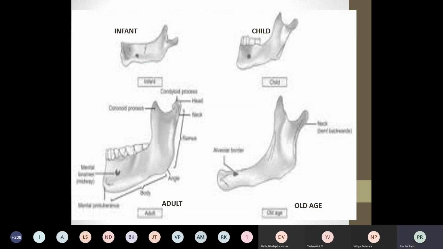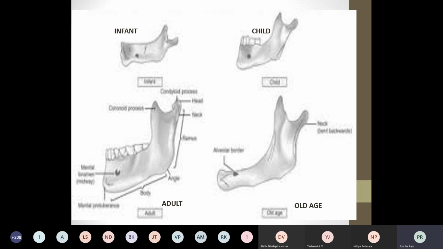In this diagram, you can see it is not so clear, but you can have a rough look at this slide where you can find out the differences. See the top on the left side, you have the infant one. You can see the coronoid process is at a higher level than the condylar process. Even in the child, the coronoid process is at a higher level than the condylar process.